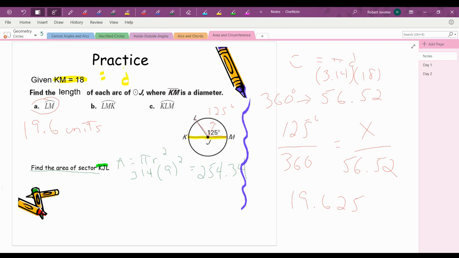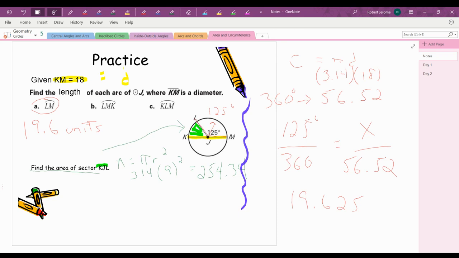But we only want KJL. KJL is this little sector right here. So the question is, how many degrees is that sector? Well, again, we're going to rely on our previous knowledge and skills.